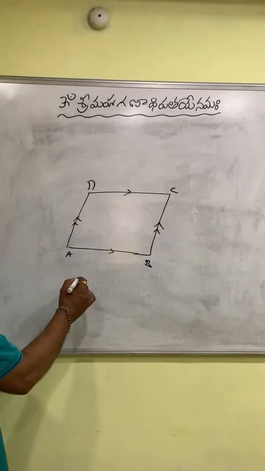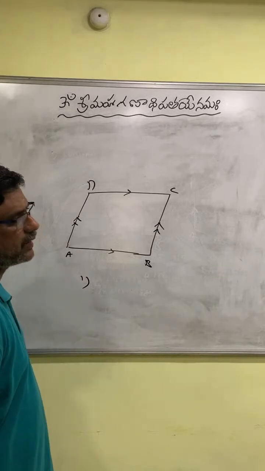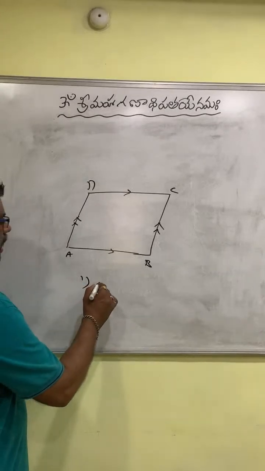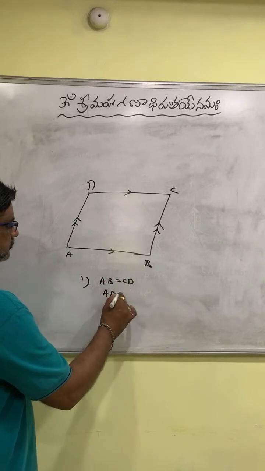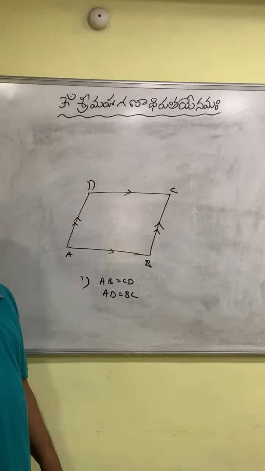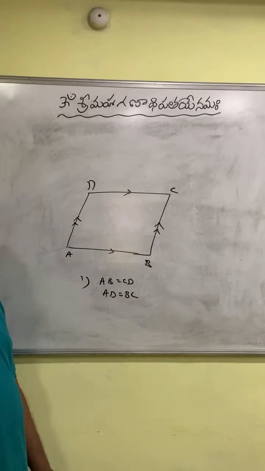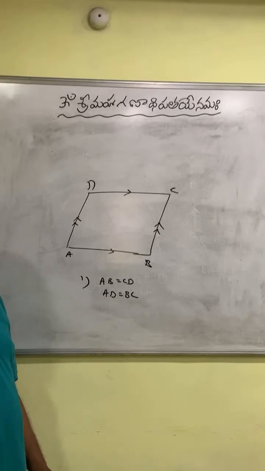So what is first property? In parallelogram, opposite sides are equal. గుర్తుపెట్టుకోండి, డెఫినిషన్ ఏం చెప్పాను?